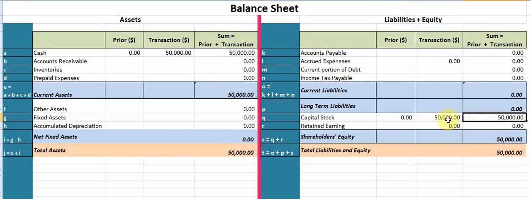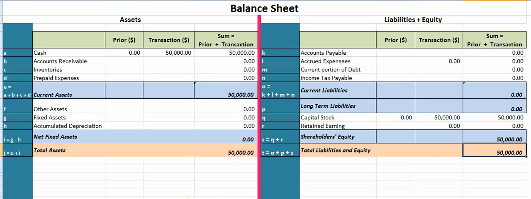So I made an entry of $50,000 in the current transaction and the total is $50,000. The shareholders equity is $50,000 and total liability plus equity is $50,000, which is equal to total asset. That means my balance sheet is in the right format.